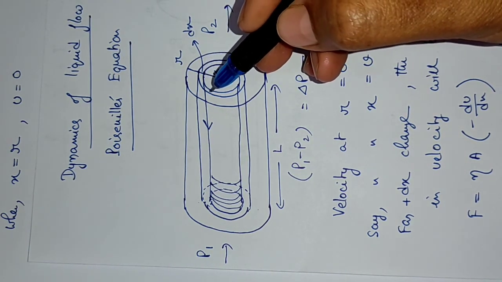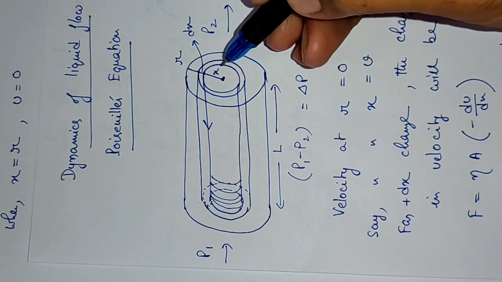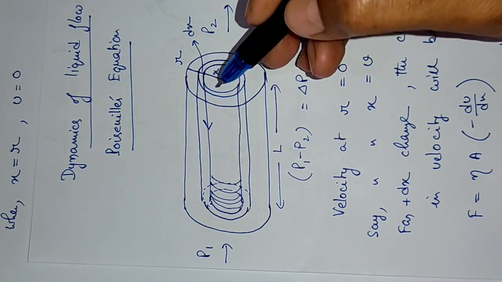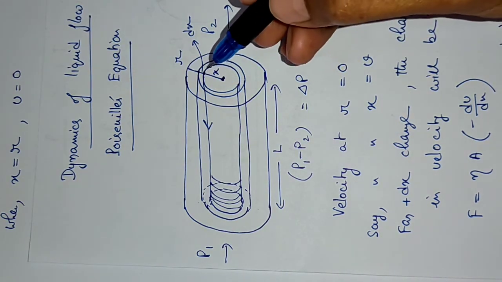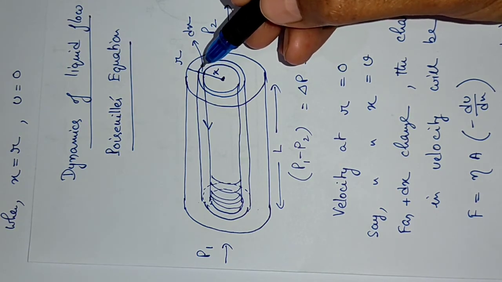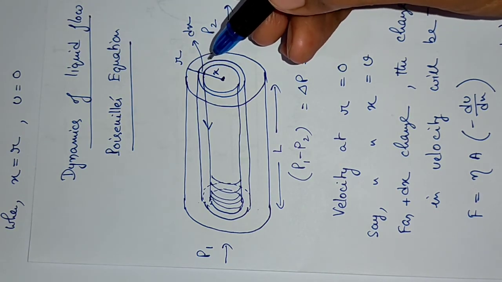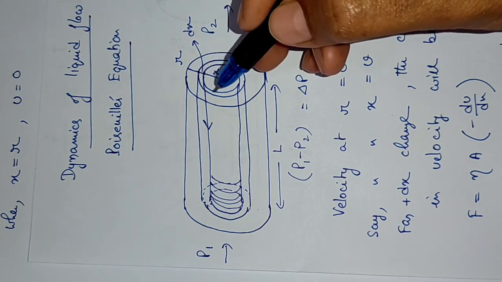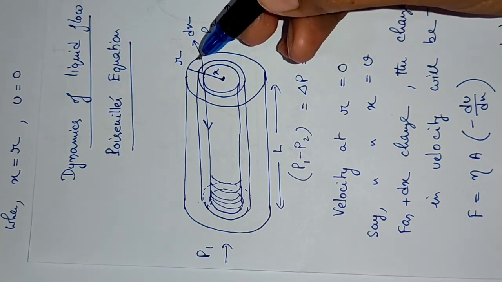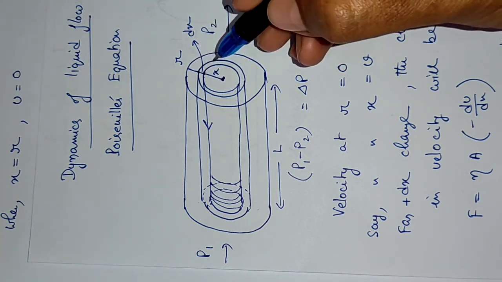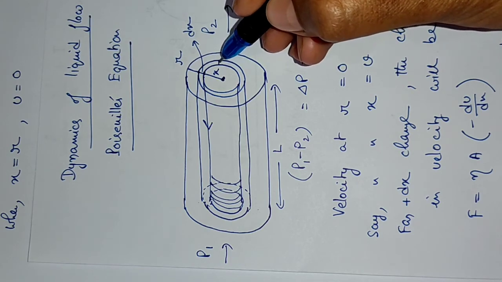This 2 pi x is the circumference at x in the cross section. Now when we multiply it by dx, so 2 pi x into dx, it will give this concentric area.